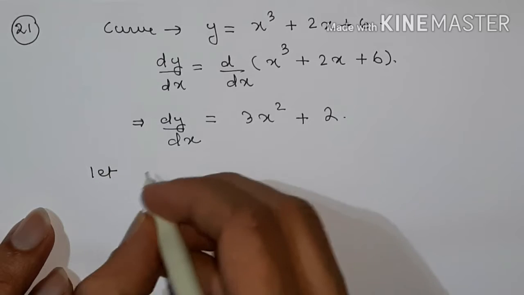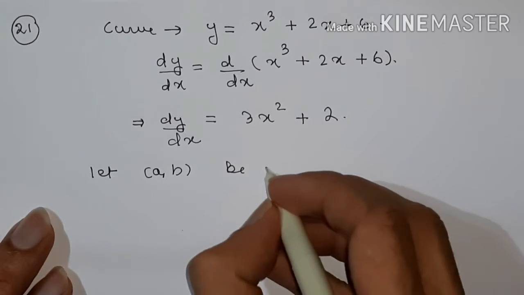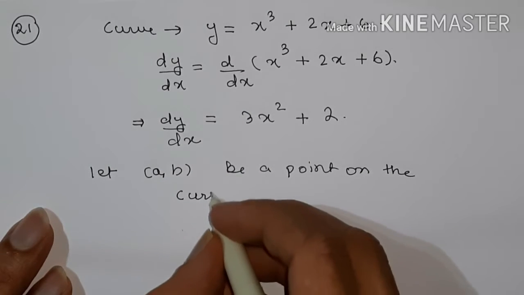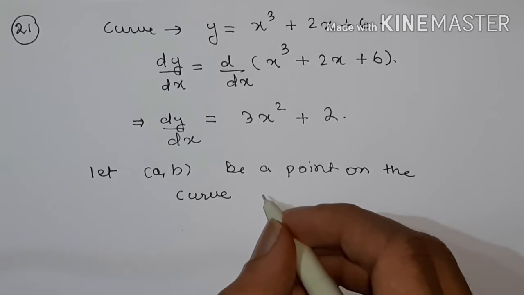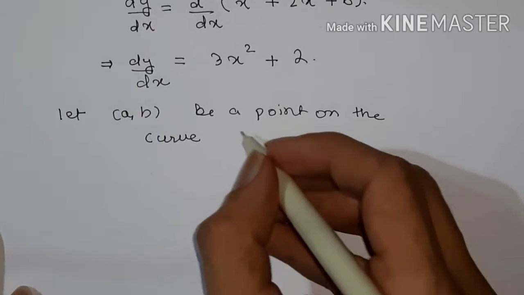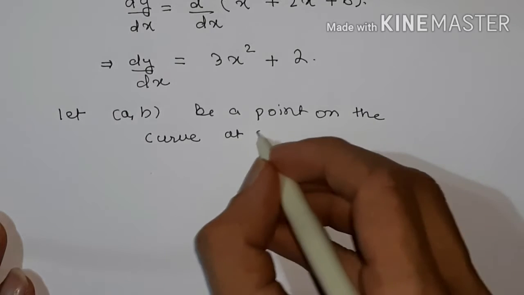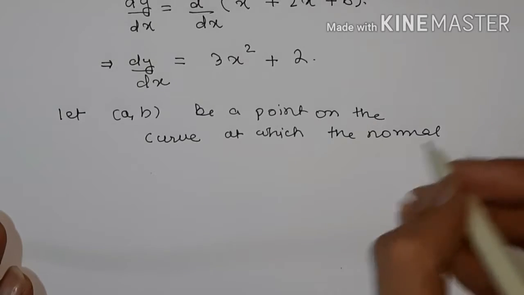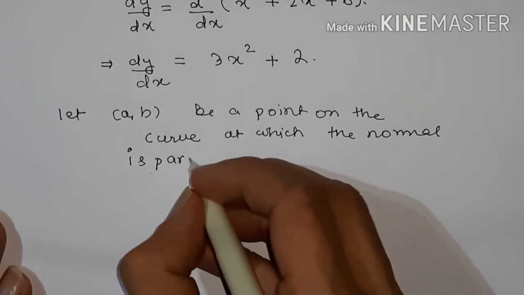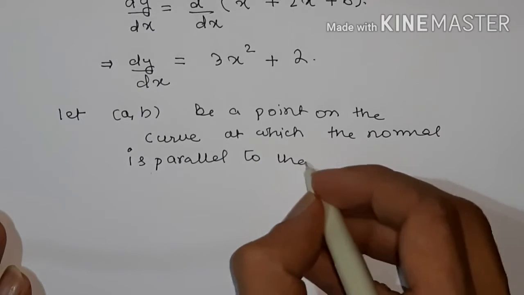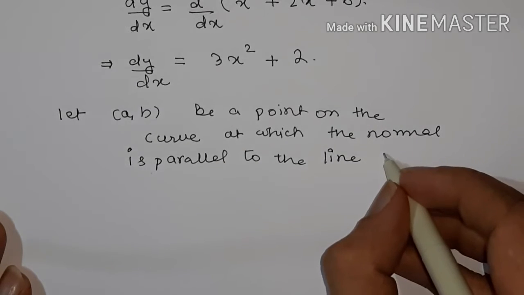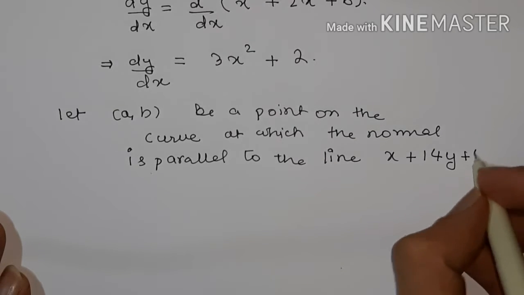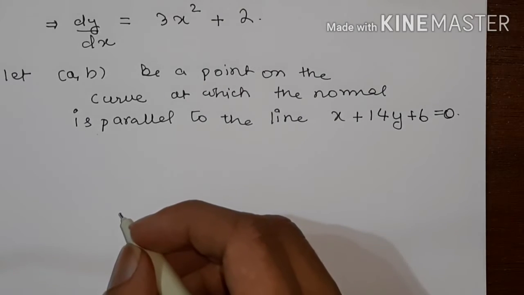So let a comma b be a point on the curve such that the point satisfies the given condition in the problem, at which the normal is parallel to the line which is given, x plus 14y plus 6 equal to 0, right?